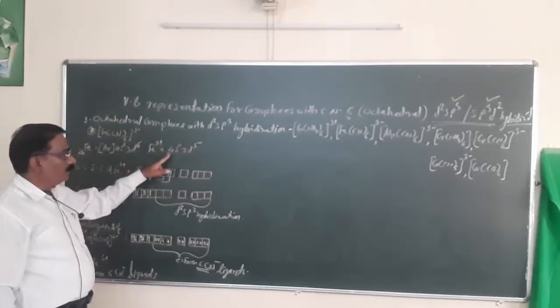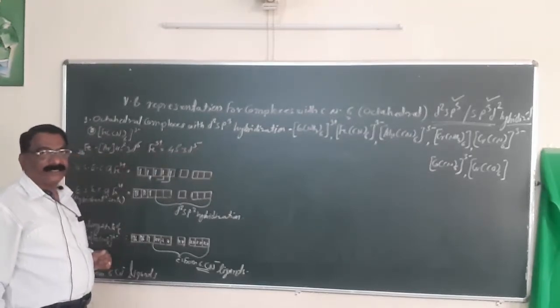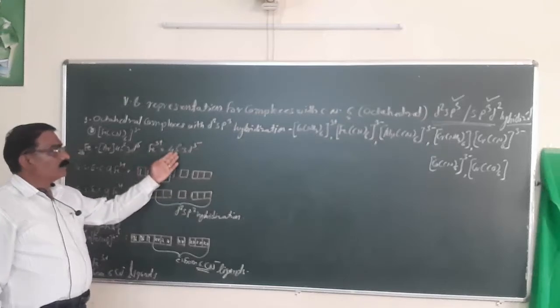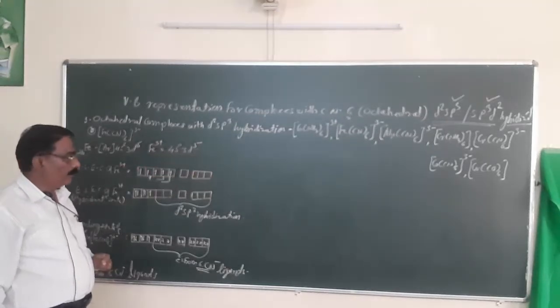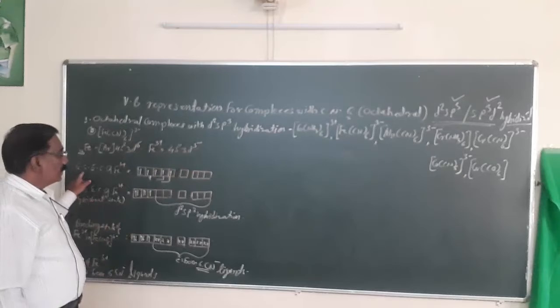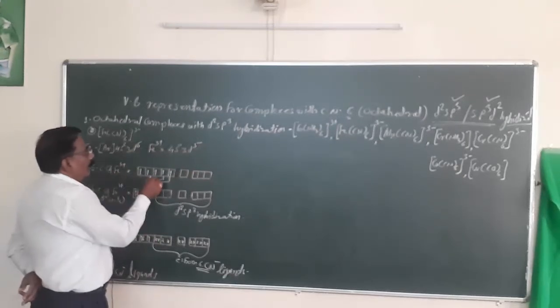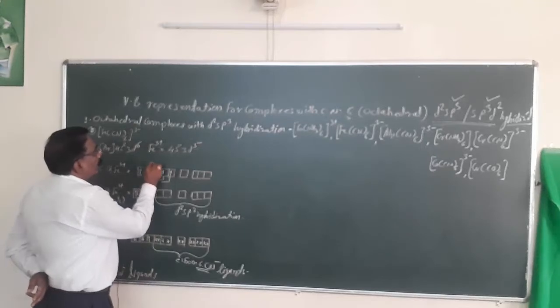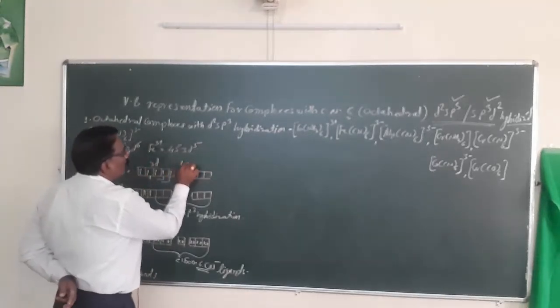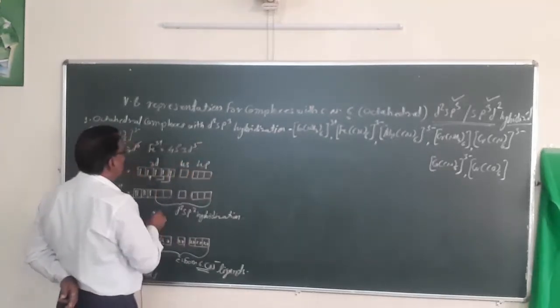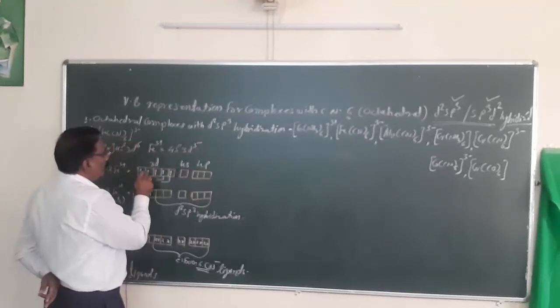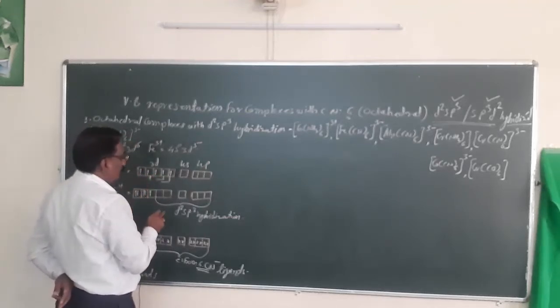So its electronic configuration in the +3 oxidation state is 4s0 3d5. Its ground state electronic configuration in the 3d, 4s and 4p orbitals is 3d5: 1, 2, 3, 4 and 5.